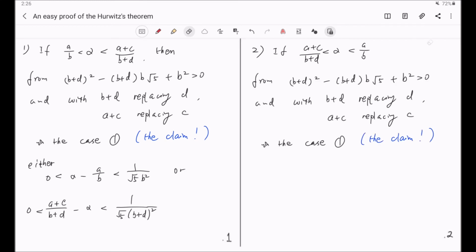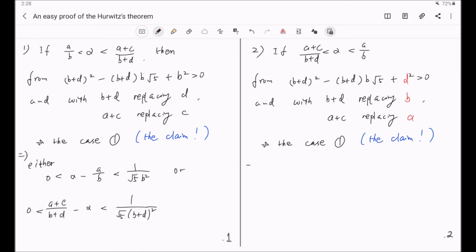So here's the change that you want to make. Instead of b here, you want to put d. And instead of d here, you want to put b. And instead of c here, you want to put a.